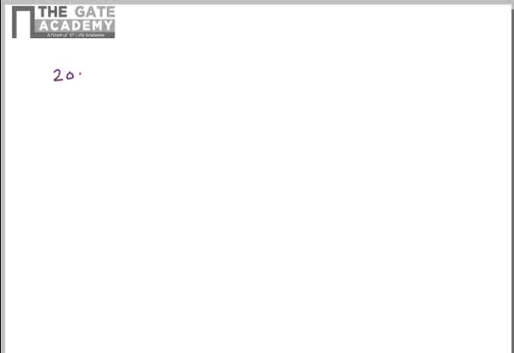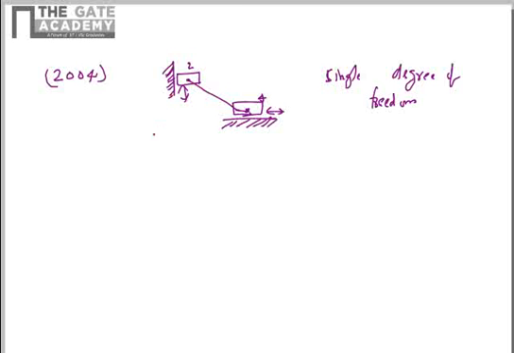Another question that was asked in GATE 2004 was from a figure. This kind of double slider arrangement was given. There is a single degree of freedom here. What is the instantaneous center? There are various choices given.